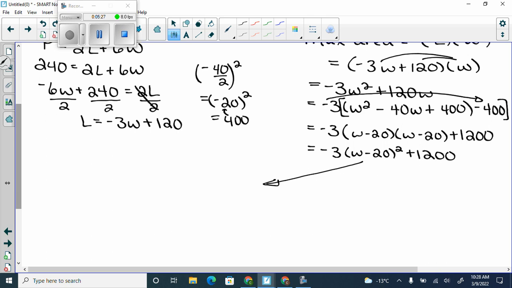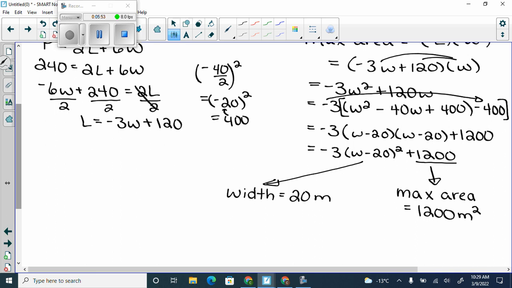So this one would be the width equals 20 meters. Please don't forget the units. There's units, it's dimensions, correct? What does this 1200 represent? Always. Max area. And it equals 1200 meters squared.